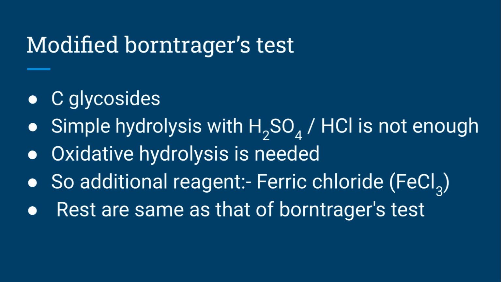Now, let's see the difference between Borntrager's test and modified Borntrager's test. As I said, C glycosides can be identified with the modified Borntrager's test. The reason is for C glycosides, simple hydrolysis is not enough.